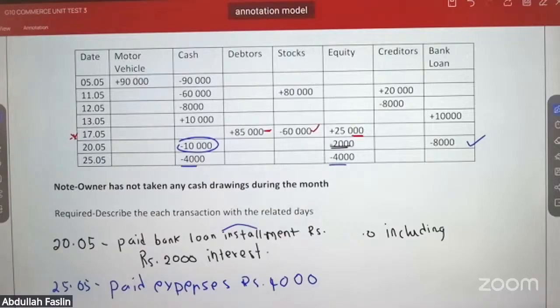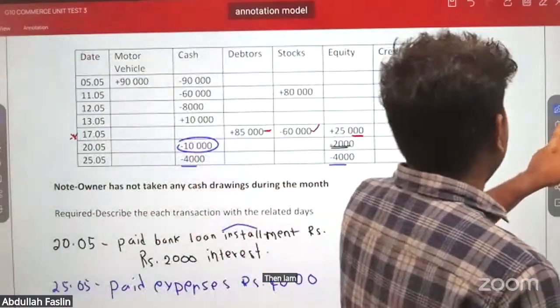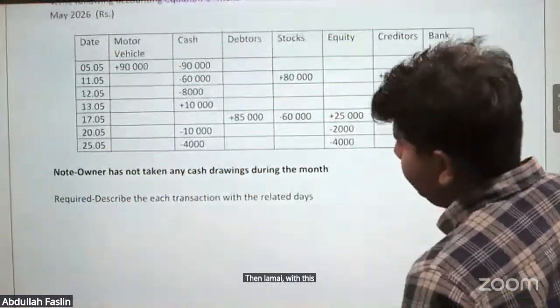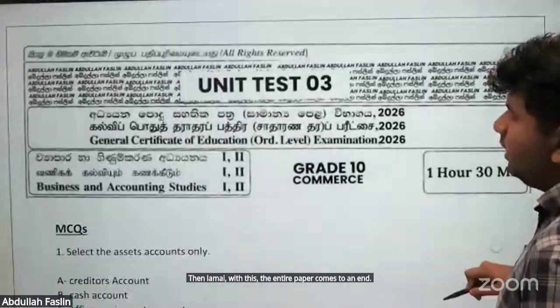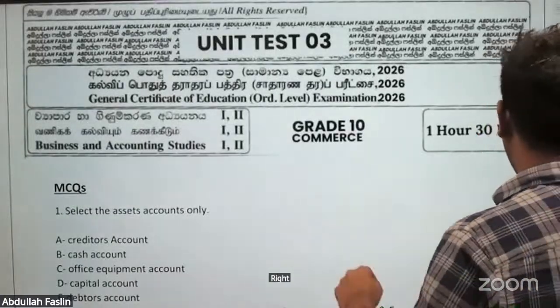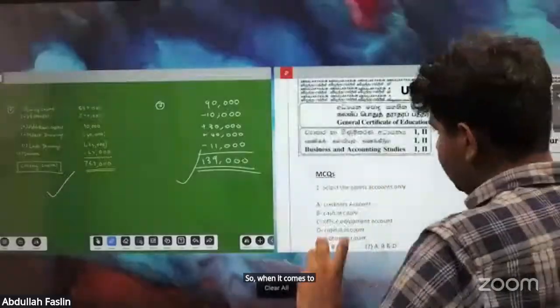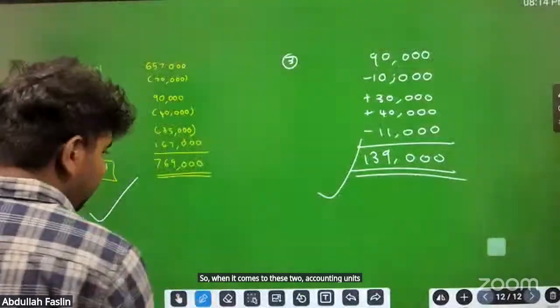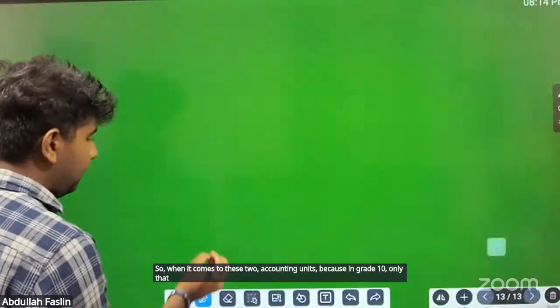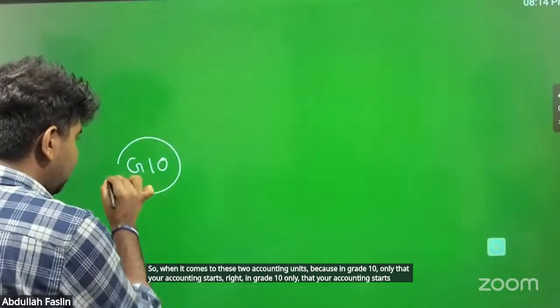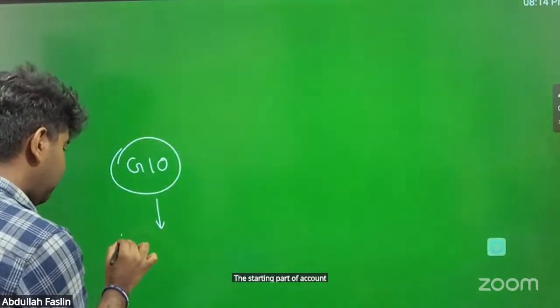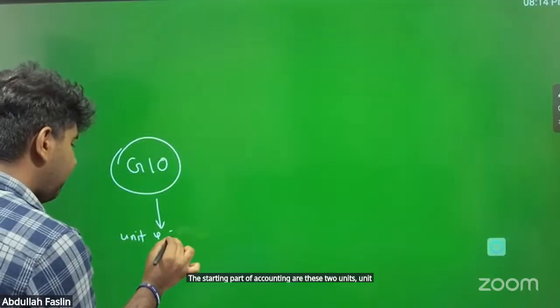Then with this, the entire paper comes to an end. In grade 10 is where your accounting starts. The starting part of accounting is these two units, unit 4 and unit 5.